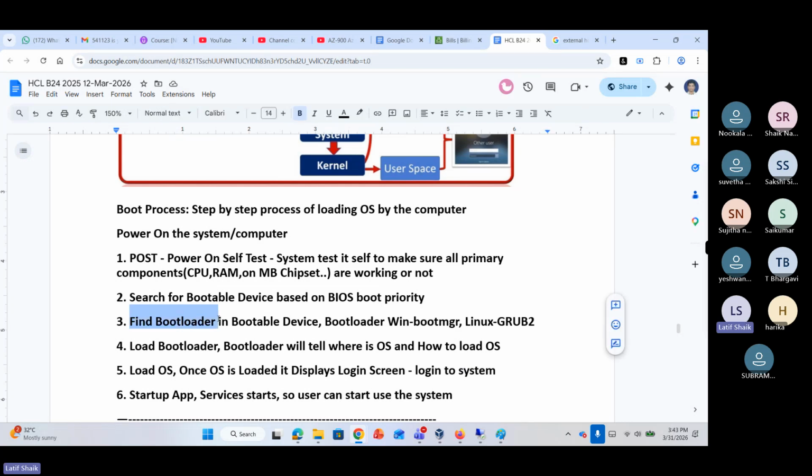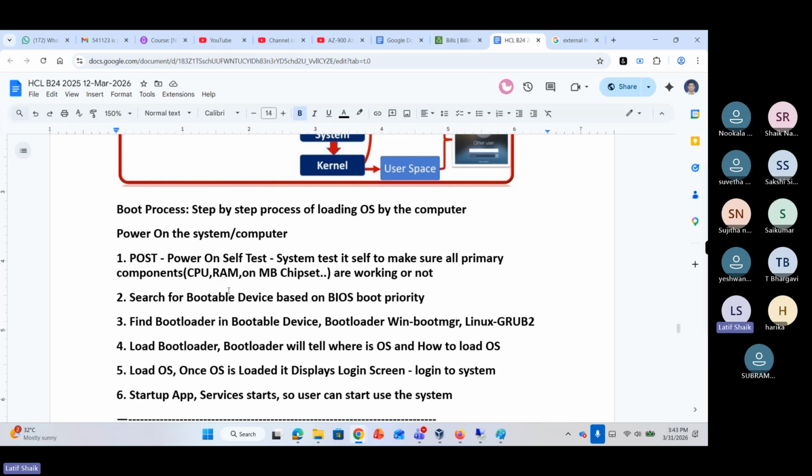Find the bootloader. First, it finds the bootable device, for example, a hard disk. Then the system tries to find where the bootloader file is in the hard disk. In current Windows, the bootloader file name is bootmgr. In Linux, it is GRUB.